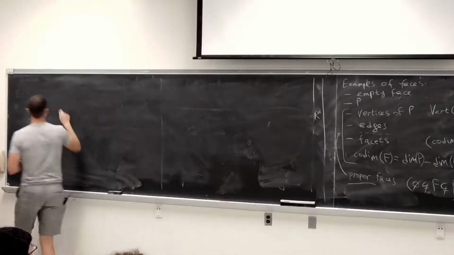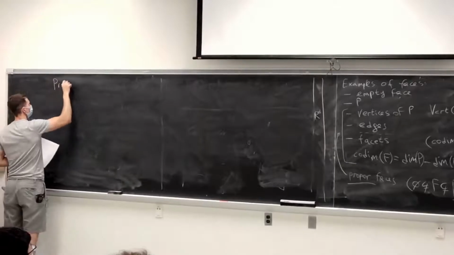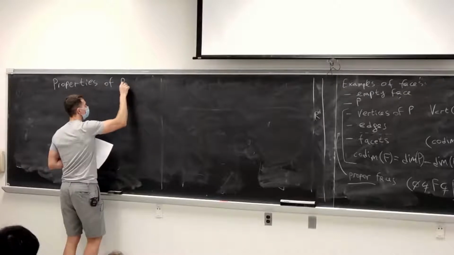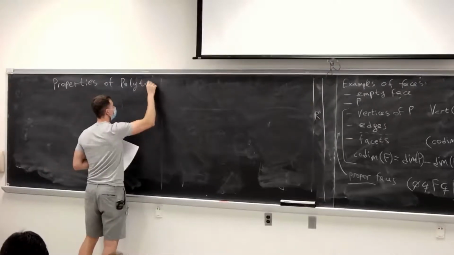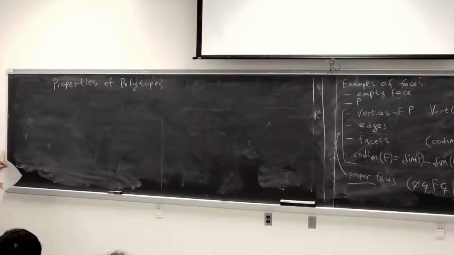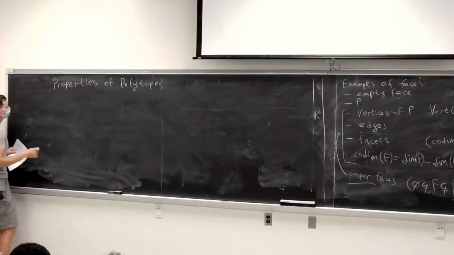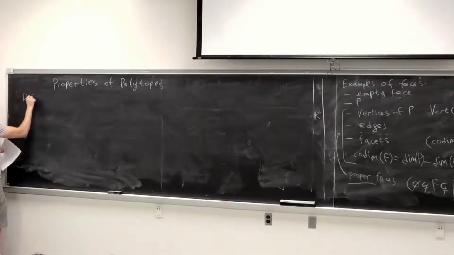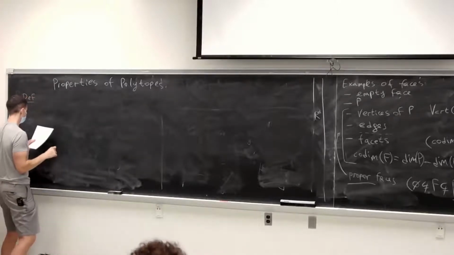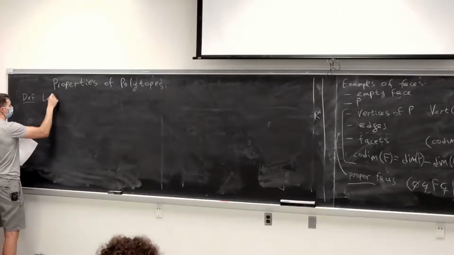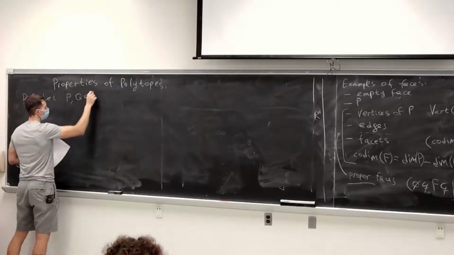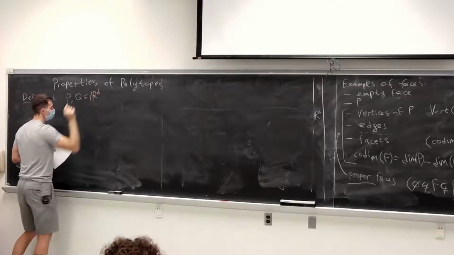Properties of polytopes. The first one I'd like to start with is a new concept. So definition: I'd like to define the Minkowski sum. Suppose you have any two subsets P and Q of R^d.